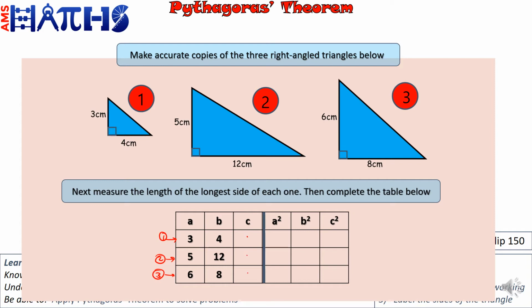We're going to call that column C, and then when you're through, I want you to square the lengths A, B, and C. Square all of them and complete that table. Pause the video, spend 6 minutes at most completing this table, then resume the video to check for your answers.